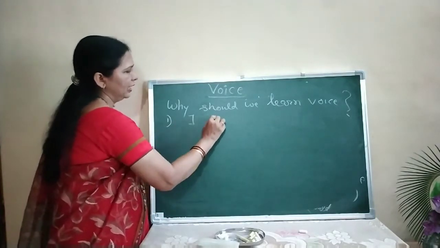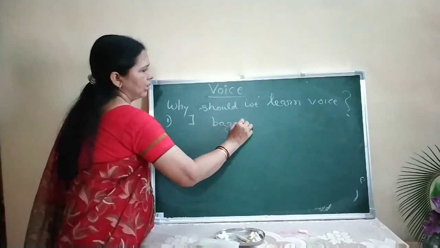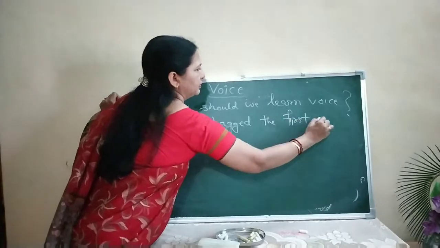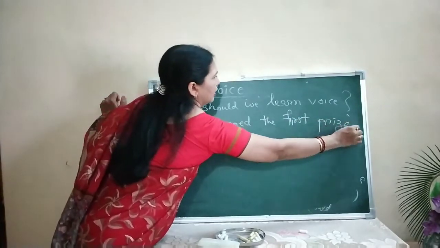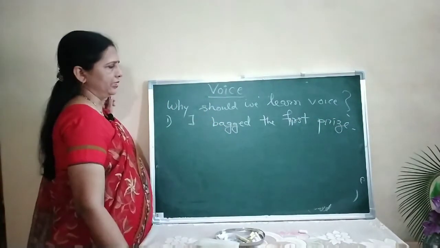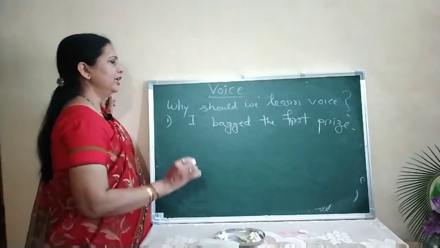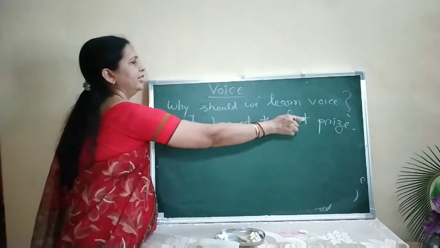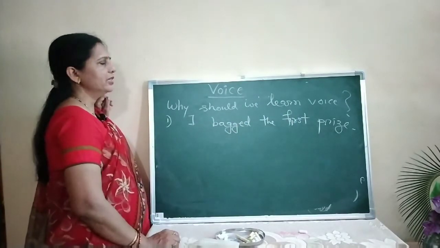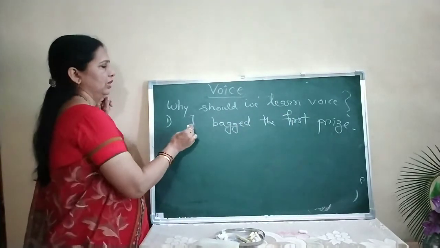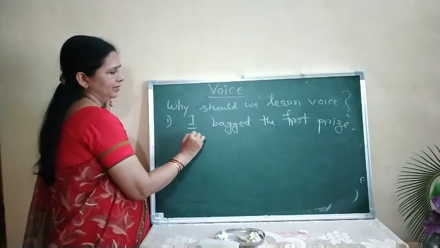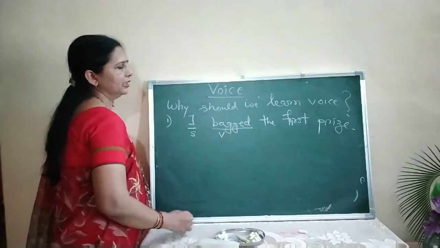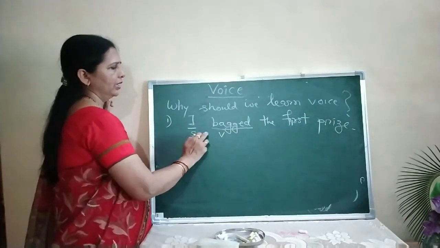First sentence. I bagged the first prize. I bagged the first prize. Now let me change it to other voice. First, identify which is the voice here. I, subject, bagged, this is the verb. I bagged.